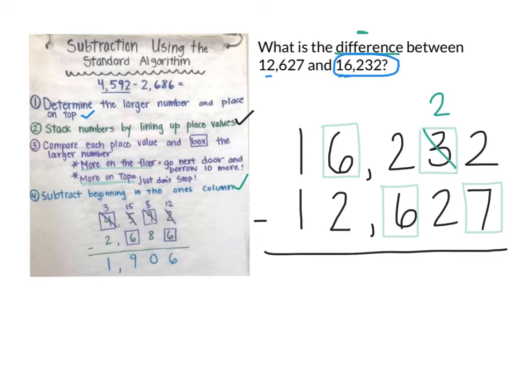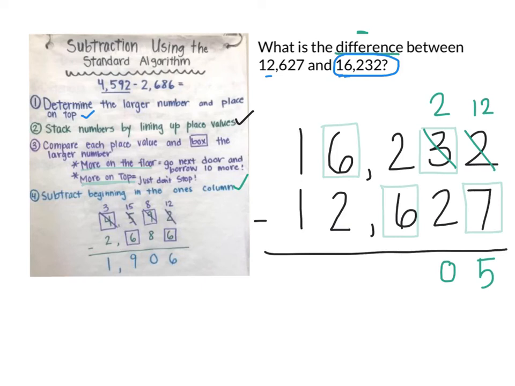Now when I'm regrouping and giving that group of 10 to my 2, we are adding 10 more. 2 plus 10 is 12. Now I have more on top, so I can subtract. 12 minus 7 is 5. Moving to my tens place. 2 minus 2 is 0.